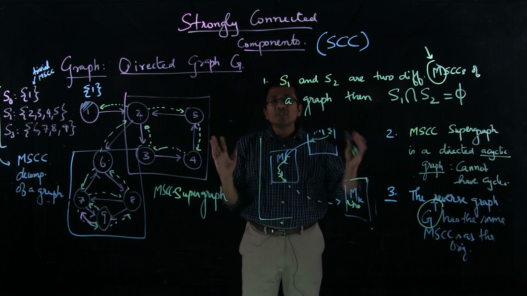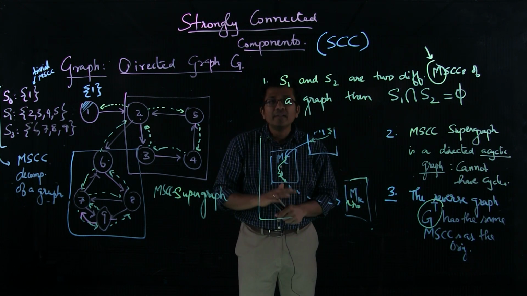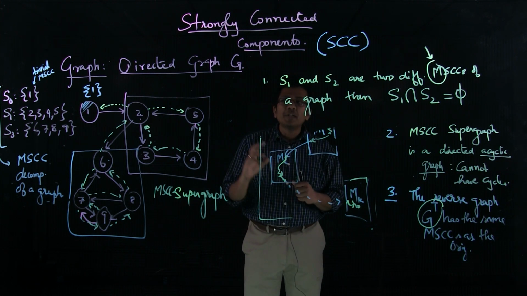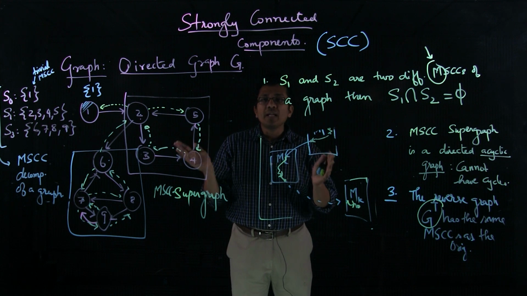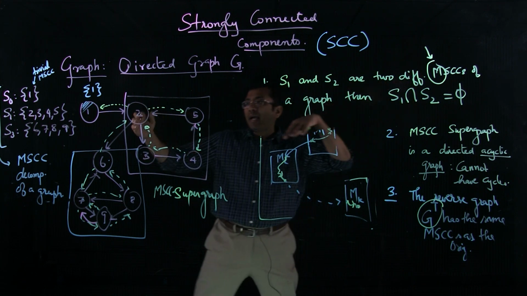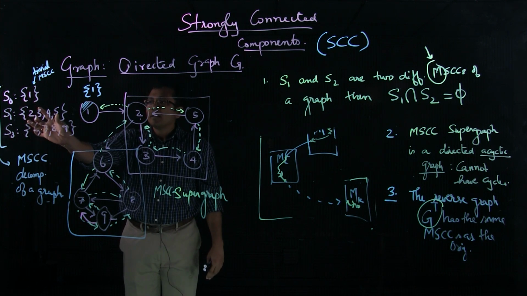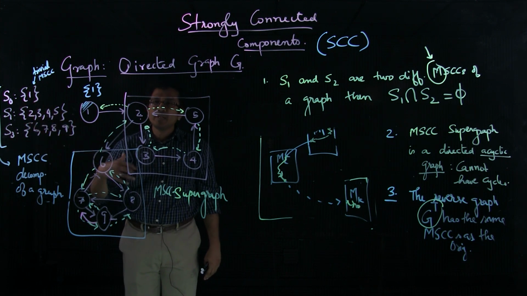All right, now that we have these three properties, we can now do depth first search to discover all the maximal strongly connected components of a graph. And given a graph G, the goal is to print 1, and then print 2, 3, 4, 5, and then print 6, 7, 8, 9.